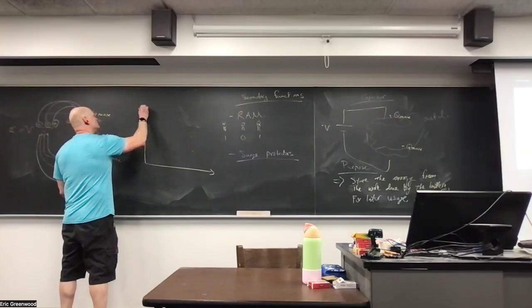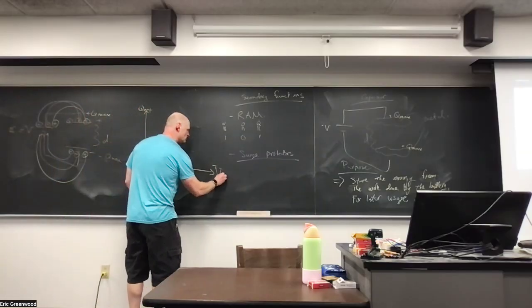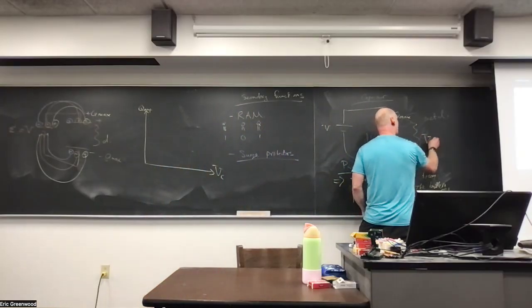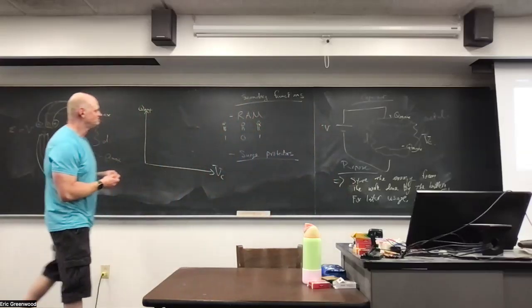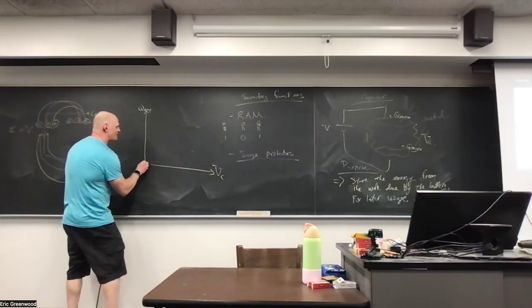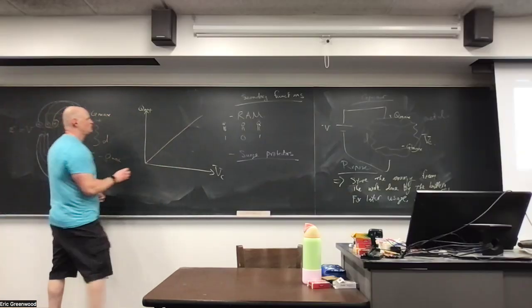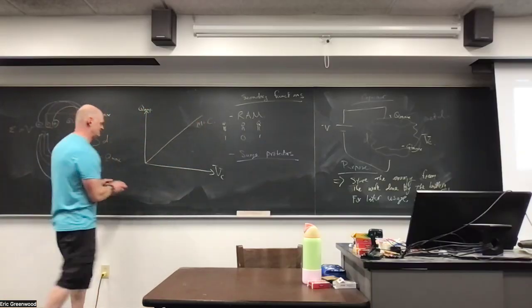If I plot the maximum charge versus the potential difference across the capacitor, eventually this potential across the capacitor will equal the potential across the battery. What I find is there's a linear relationship between the two, where the slope of this linear relationship is what's known as the capacitance.